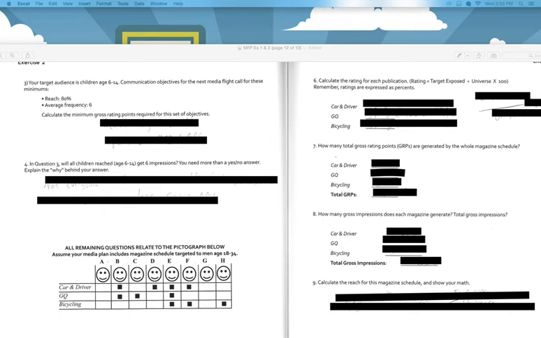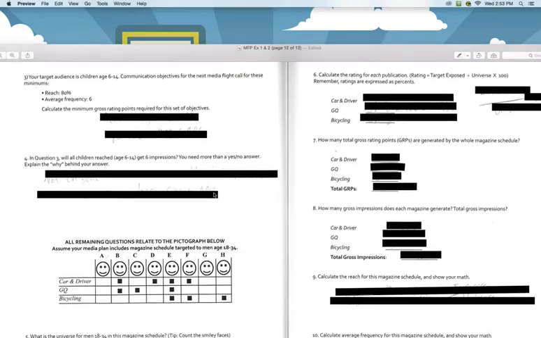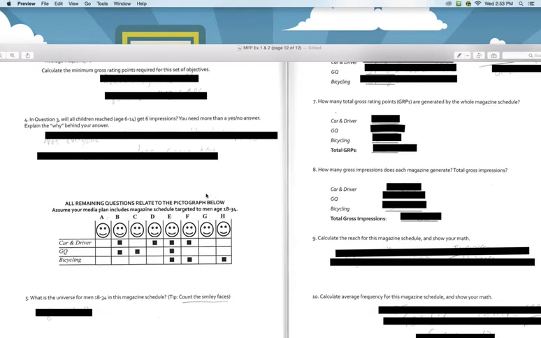So, I'm going to do one thing real quick, okay? This next one, question 5, is pretty easy because they pretty much just give you the answer. So what is the universe of men 18 to 34 in this magazine schedule? And it says tip, count the smiley faces. And so we have A through H, 1, 2, 3, 4, 5, 6, 7, 8.